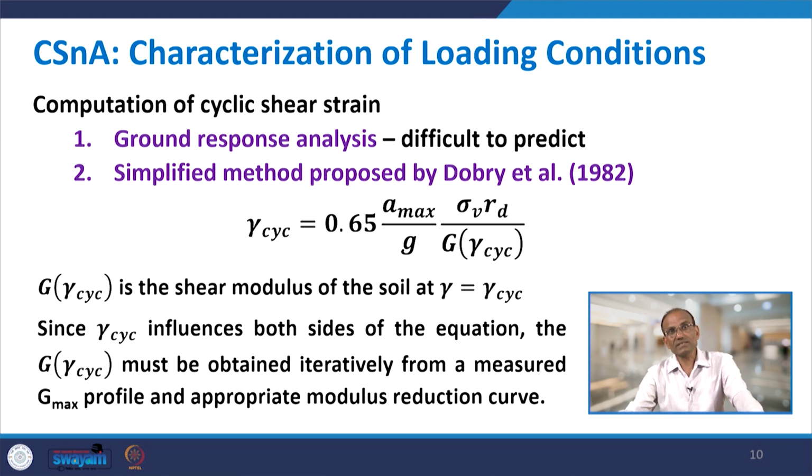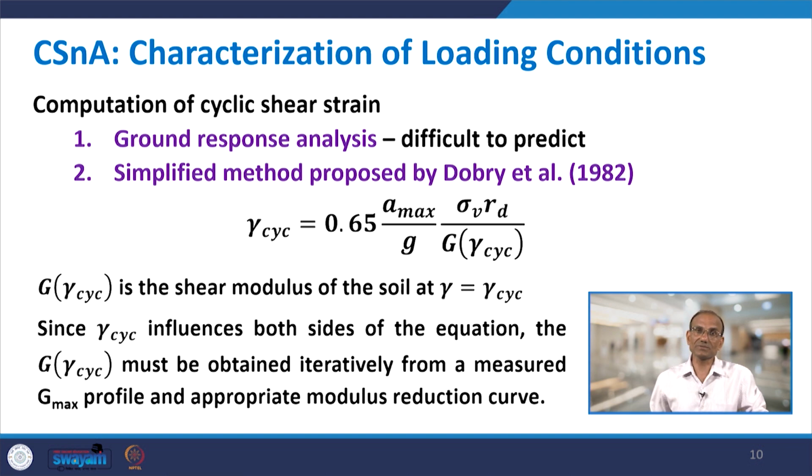Since gamma cyclic influences both sides of this equation, because shear modulus G is not constant, and in fact gamma cyclic is unknown and also appears on the right-hand side, you need to use an iterative process to solve this equation.